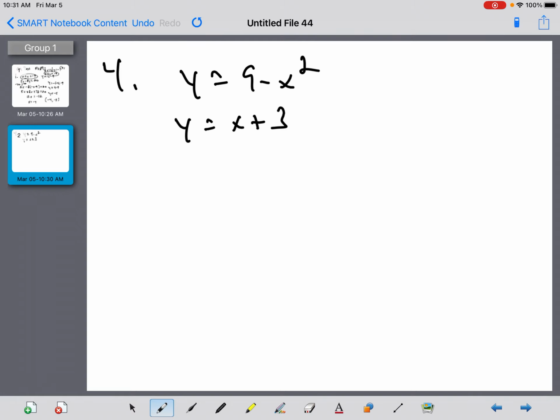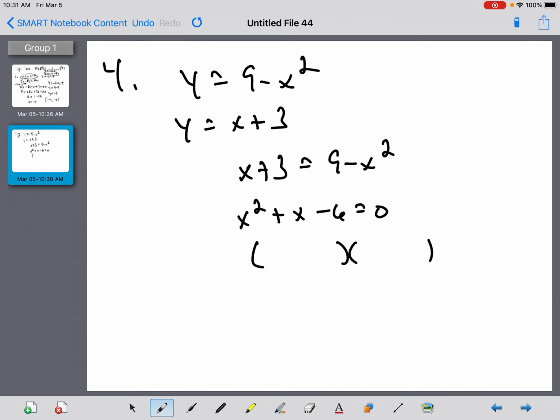So if these two things are equal, I could set x plus 3 equal to 9 minus x squared, and I could get everything on one side and have x squared, and then what would this be? Plus x, and this would be what? Minus 6 equals 0. If you moved everything to the left side, I think that's right.